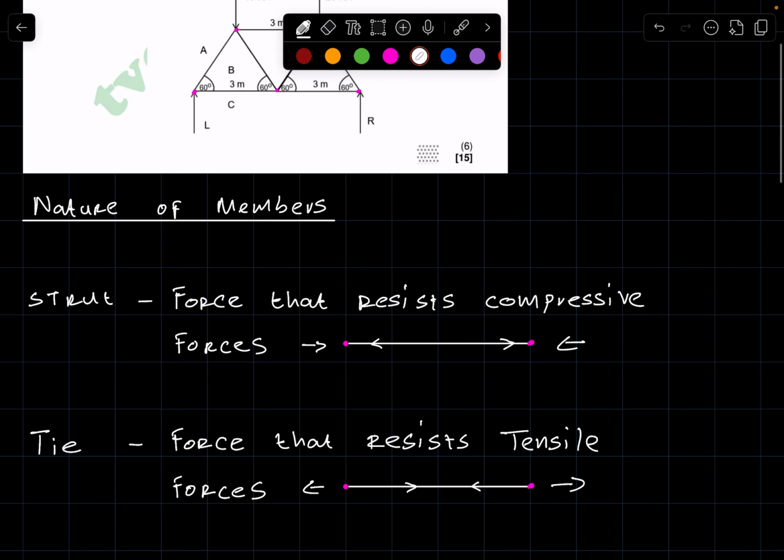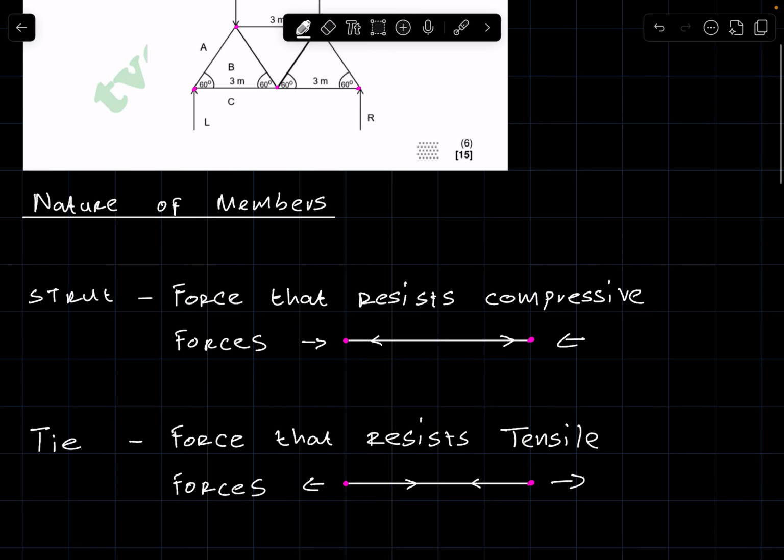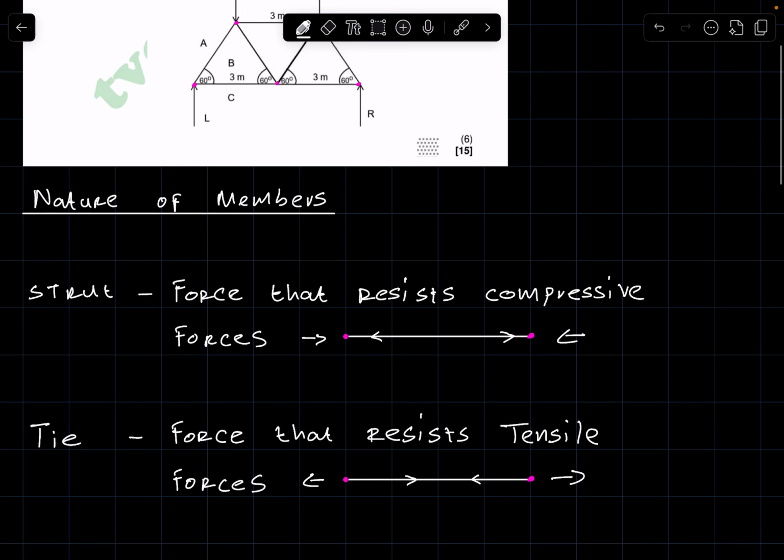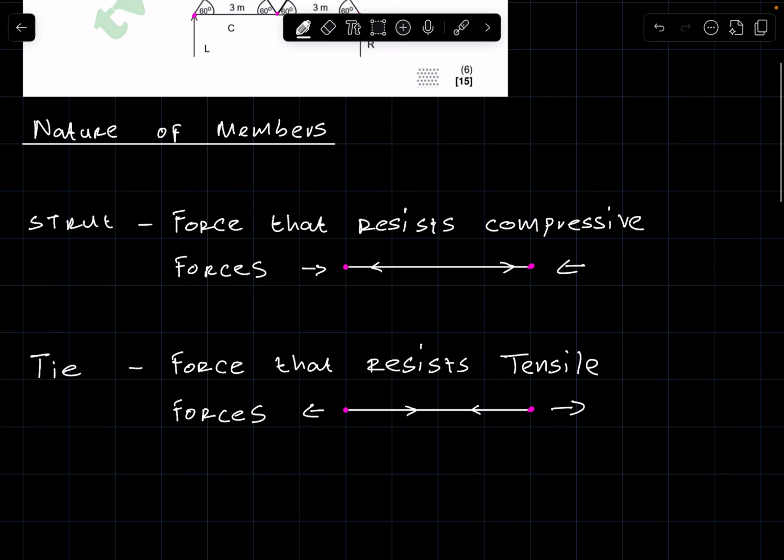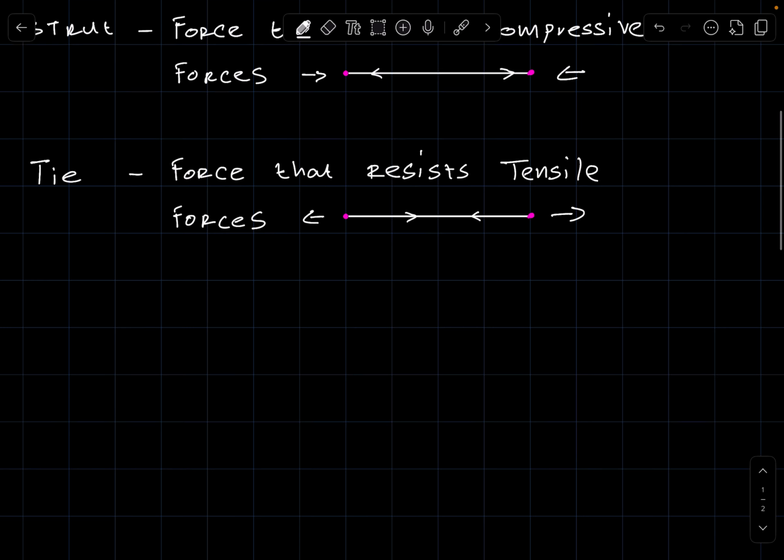So let's first calculate the external force L, using conditions of equilibrium, or using the law of moments. The law of moments is a condition of equilibrium.